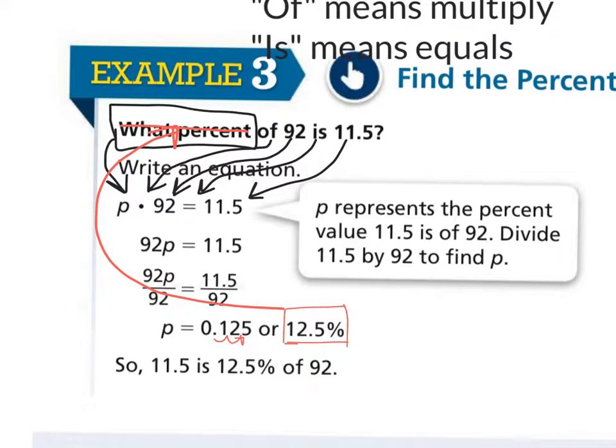So 1/8 or 12.5% of 92 is 11.5. That's a pretty small percentage, so that seems reasonable. Again, use a benchmark of the halfway mark: 50%, half of 92, would be 46. This is way less than 50% because 11.5 is way less than 46.